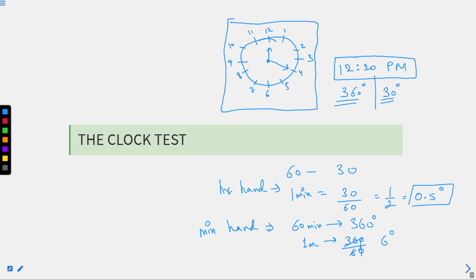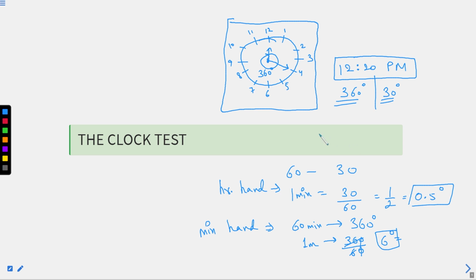Before we start learning any new concept, you must be aware of how a clock looks and what the basic criteria are. So the complete angle from this point till this point is 360 degrees, right?